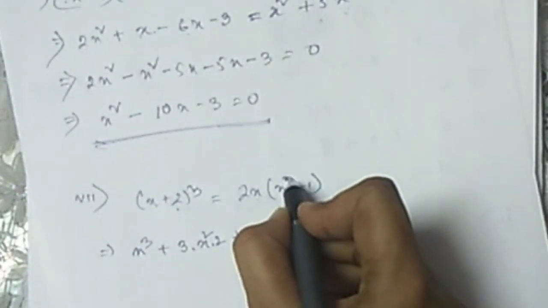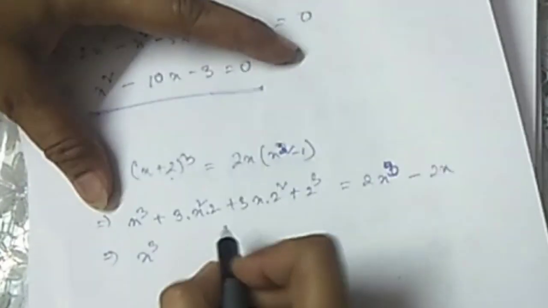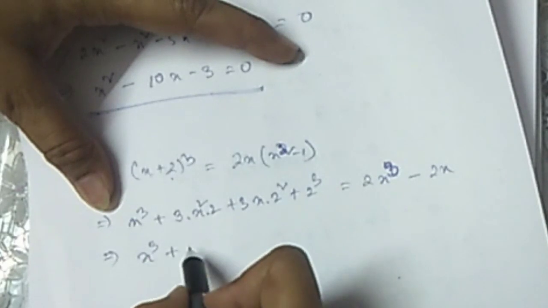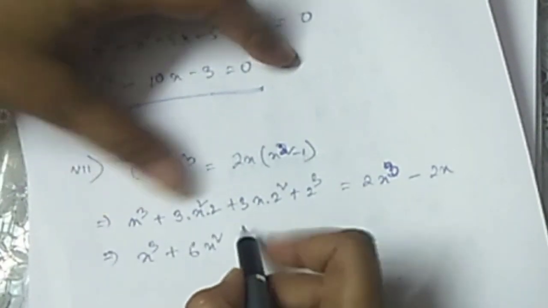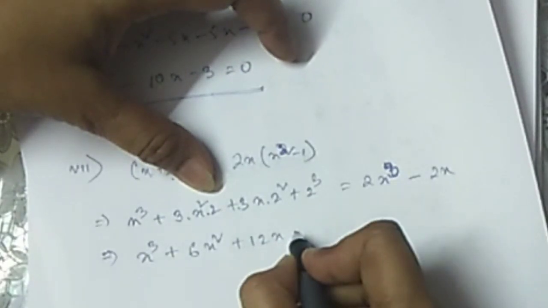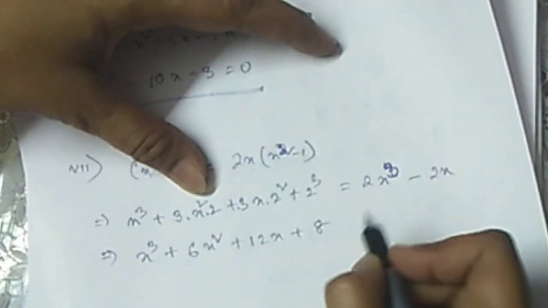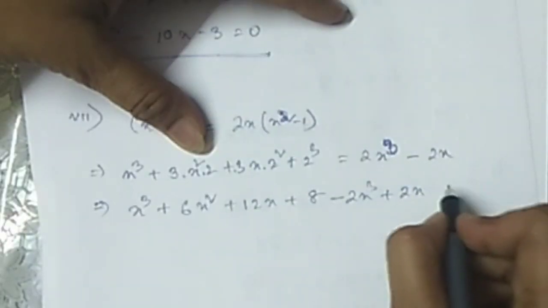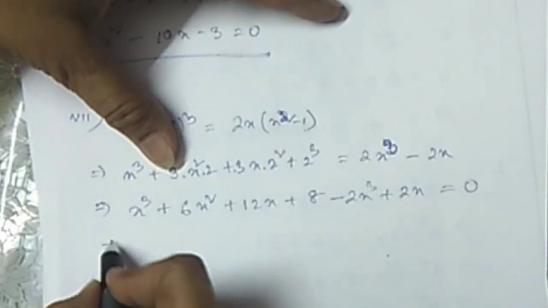Sorry, it's 2x cube minus 2x. So x cube plus 6x square plus 12x plus 8 minus 2x cube plus 2x equal to 0.